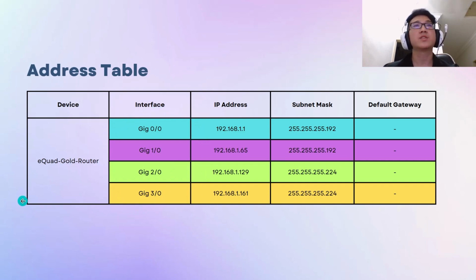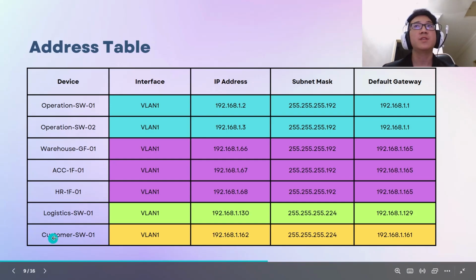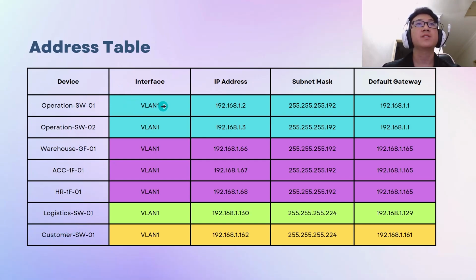For all the locations, we use one router as our network device and Gigabit Ethernet as the interface. The IP address and the subnet mask are taken from the subnet table. Next, we are using 7 switches as our devices and VLANs as our interface.